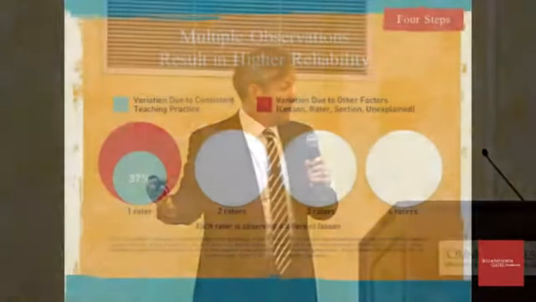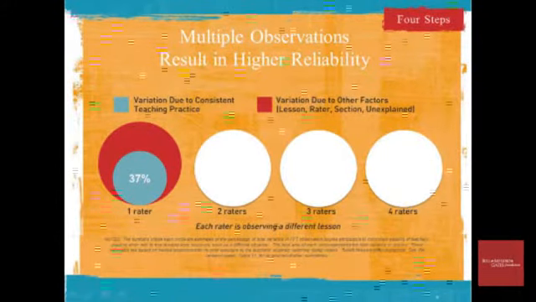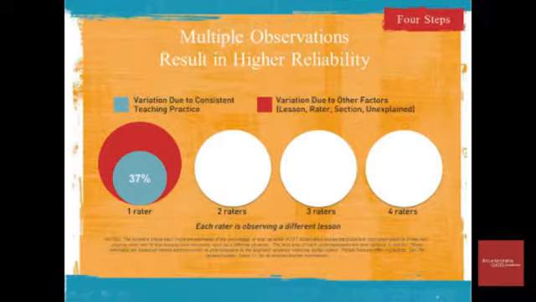Now, there are 2 things you can do if you see reliability numbers that are low like that. So 37% is not good, at least for making high-stakes decisions. There are 2 things you could do. One, you could go back and dumb down the instrument.